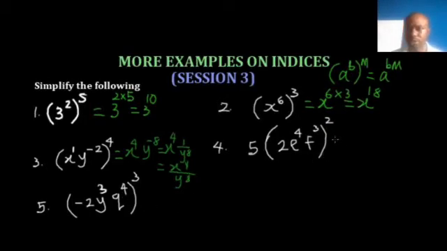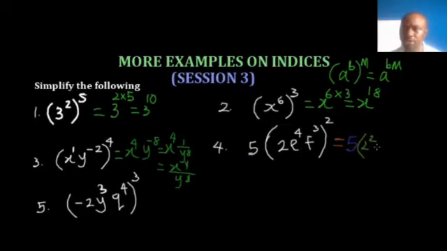Now let's look at question 4. Now look at question 4 very well here. Question 4 says this 5 is not being affected by 2, so 5 is not affected, so we have 5. Then 2 is affected by the power of 2, and that becomes what? 2 raised to power 2. Let's go together now.